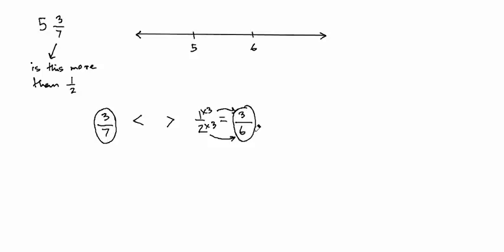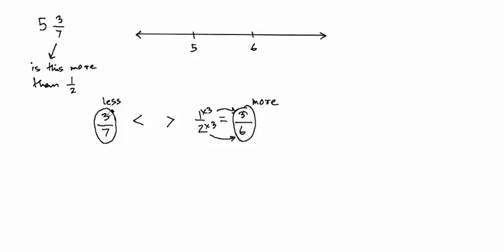And to answer that question, you look at the denominators. The numerators are the same, they're 3. So would you divide 3 with 7 to get a larger answer, or would you divide 3 with 6 to get a larger answer? And obviously, lesser the divisor, larger is the answer. So we could easily say that 3/6 is more than 3/7. Dividing 3 with 6, which is smaller than 7, will give you a larger answer.